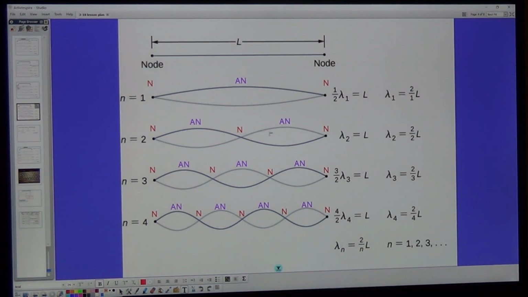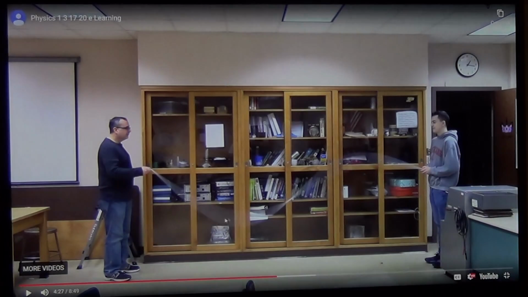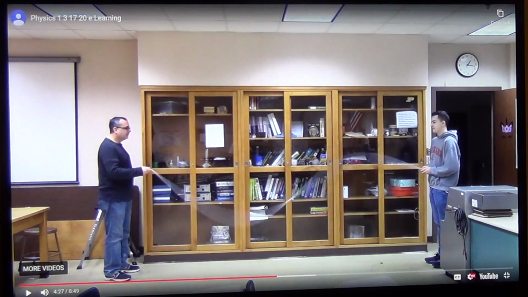Here you've got 3 nodes where they do not move, but then you've got 2 antinodes where the movement is the greatest. So again, when you see it drawn like this, sometimes it's with a dotted line to show where it is a moment later, but where you see that go up and go down, that's the point of most motion. And that's what's being shown right here as this wave moves up and down.